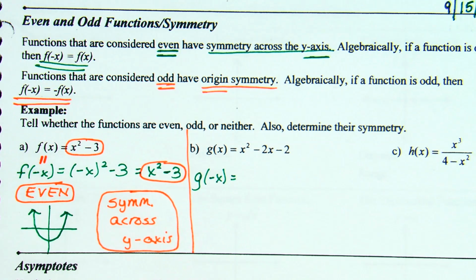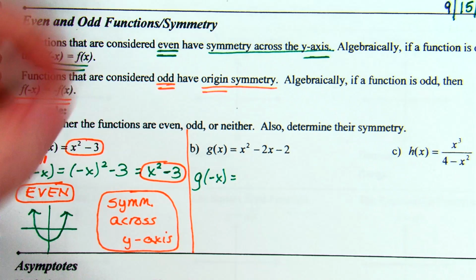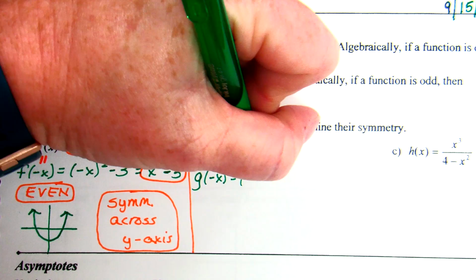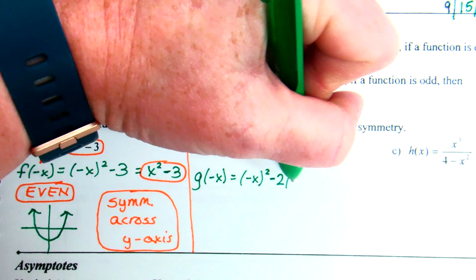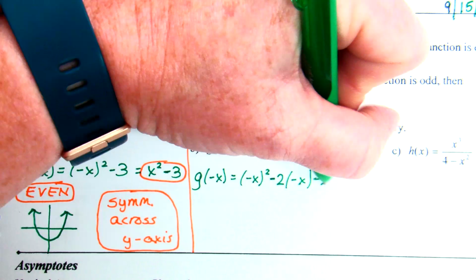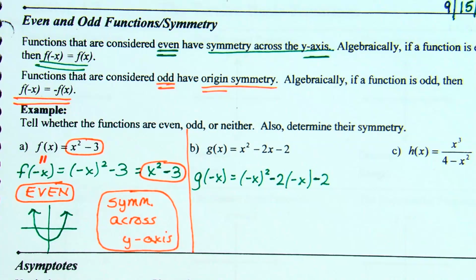Okay, g of negative x says every place I see an x, I'm replacing it with negative x. So instead of raising x to the second, I'm going to say negative x to the second. Instead of minus 2 times x, it's minus 2 times negative x. And then minus 2. Okay.